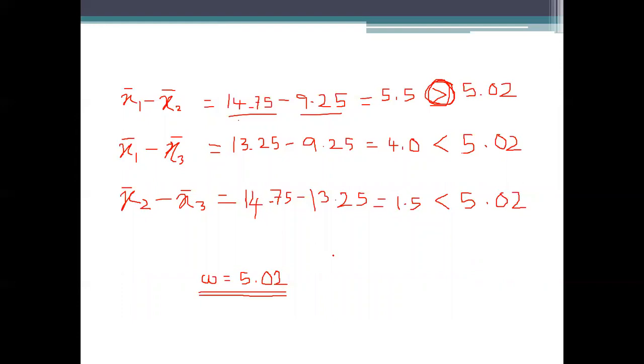So what can we conclude here now? We can conclude there is a difference between treatment 1 and treatment 2 that is significant at alpha level 0.05. If any pair of the means differs by more than the value of omega, we can declare the difference. So now we can declare that treatment 1 and treatment 2 have a significant difference at alpha 0.05.